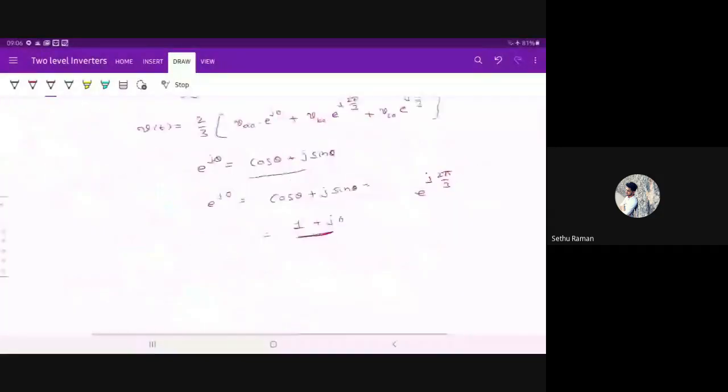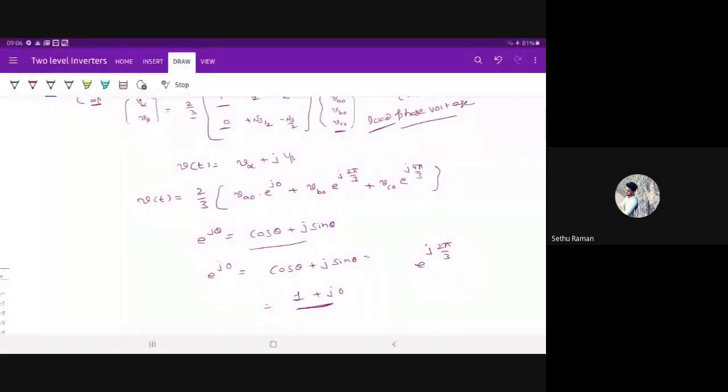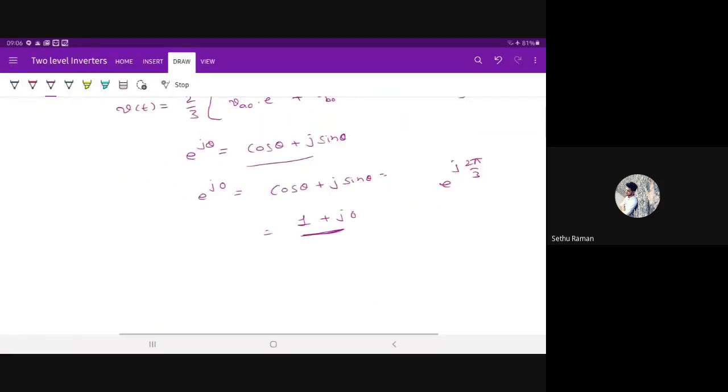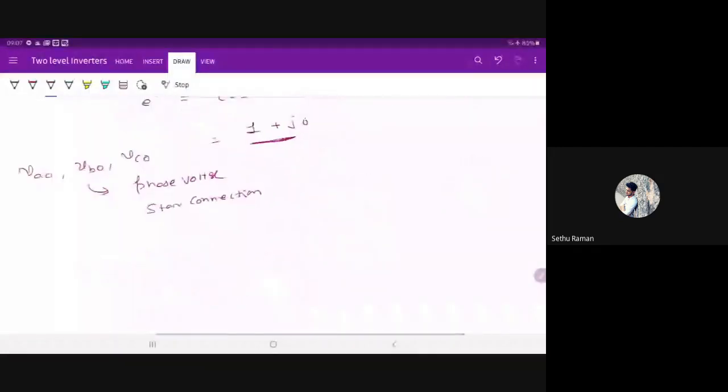Is it clear? So the resultant vector we have written in this complex form, that is Vα plus jVβ. Okay, so let us assume that VA0, VB0 and VC0 are the phase voltages, and we consider a star connection, right?